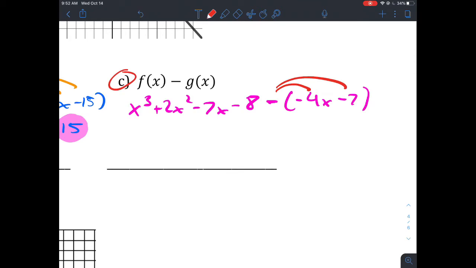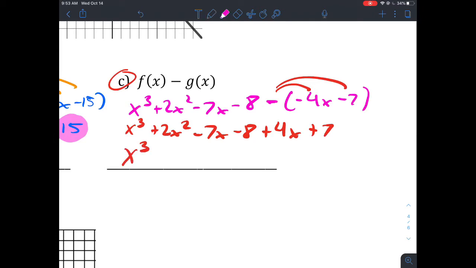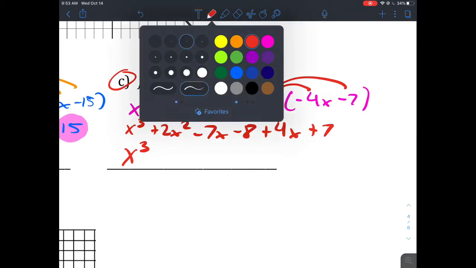All right. So when I do this, I get x cubed plus 2x squared minus 7x minus 8. Then I'm going to get a plus 4x and a plus 7. So I get x, or here, I'll do my different colors. We're going to get x cubed, and then our 2x squared has no one to go with. My bad.